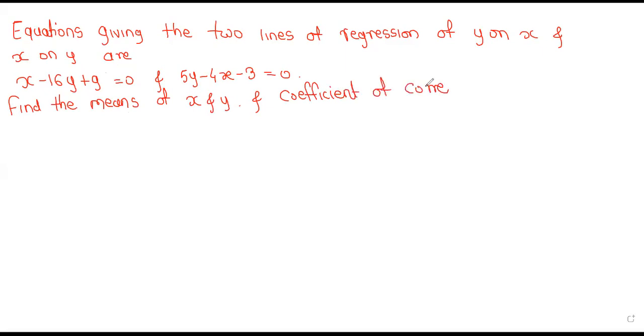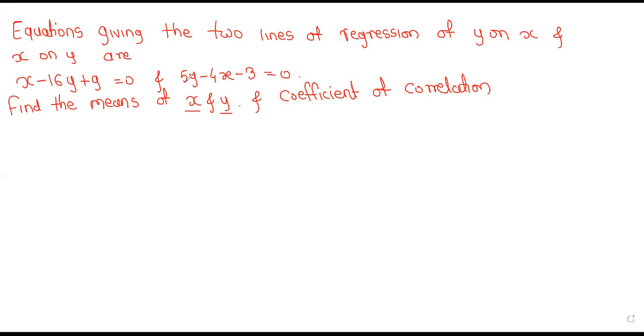Okay, so we have been given these two equations, x minus 16y plus 9 is equal to 0 and 5y minus 4x minus 3 is equal to 0. For finding the means of x and y, we have to solve these simultaneous equations, and whatever the values of x and y are, they are x bar and y bar.